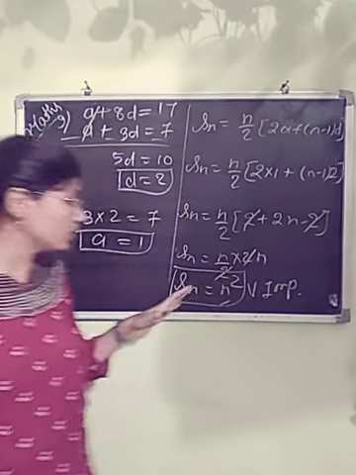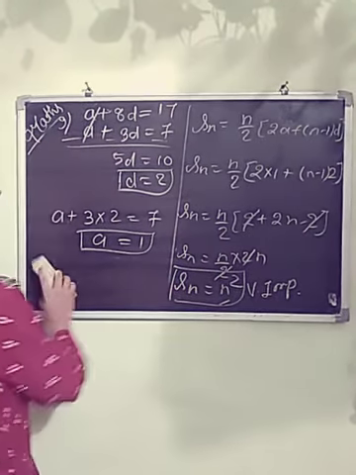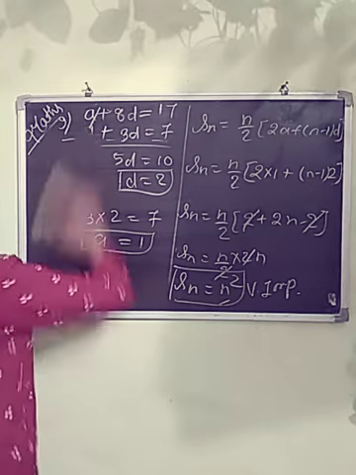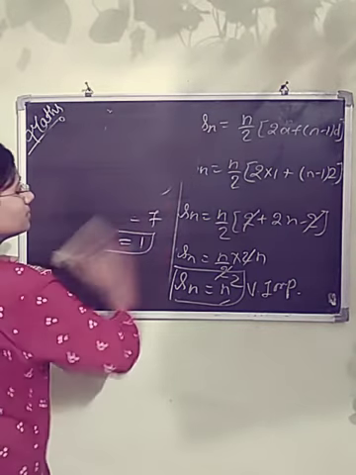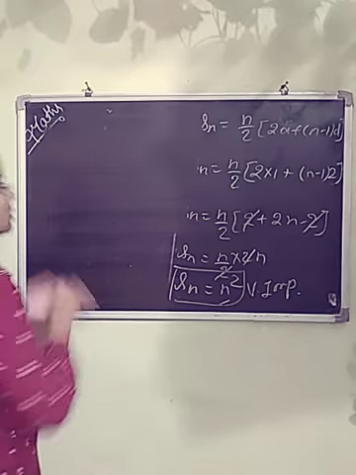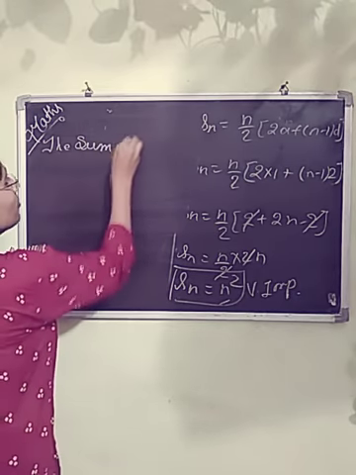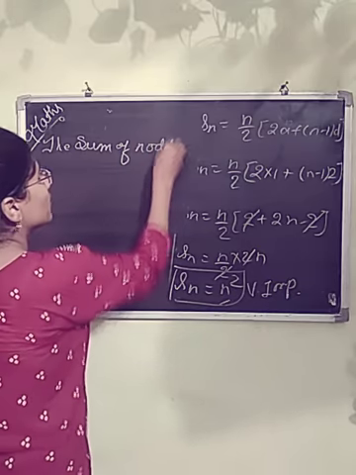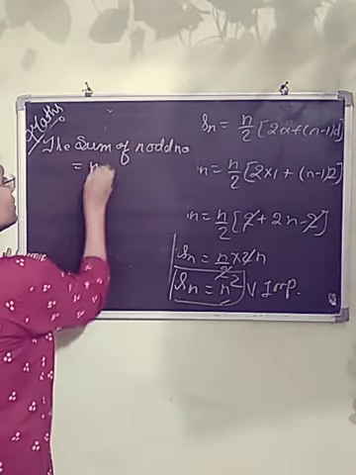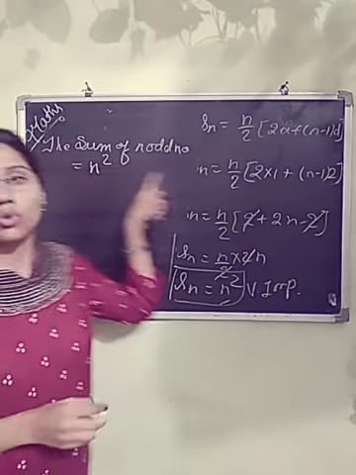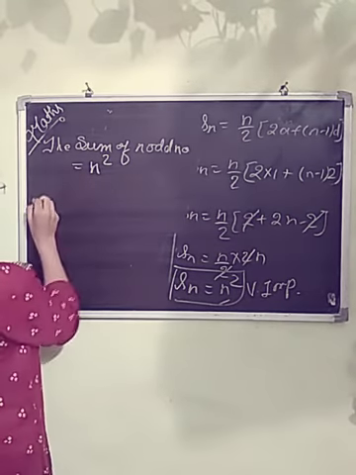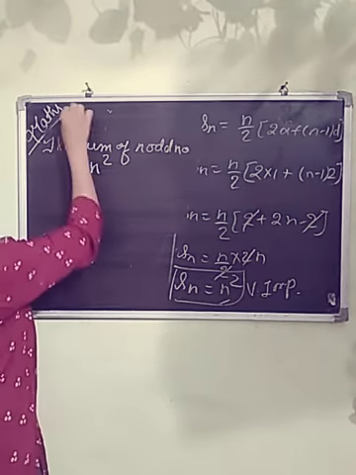This is the formula. This is the formula of the sum of n odd numbers. Please note it down. I'm writing the sum of n odd numbers can be represented by n square. And this is very important notes for you.